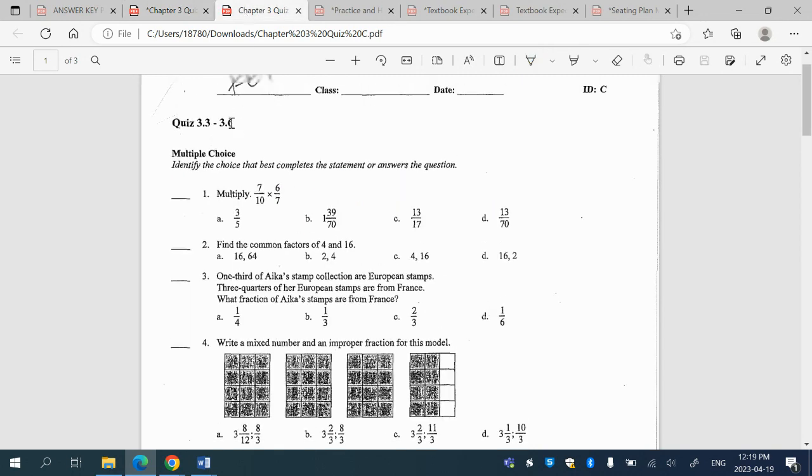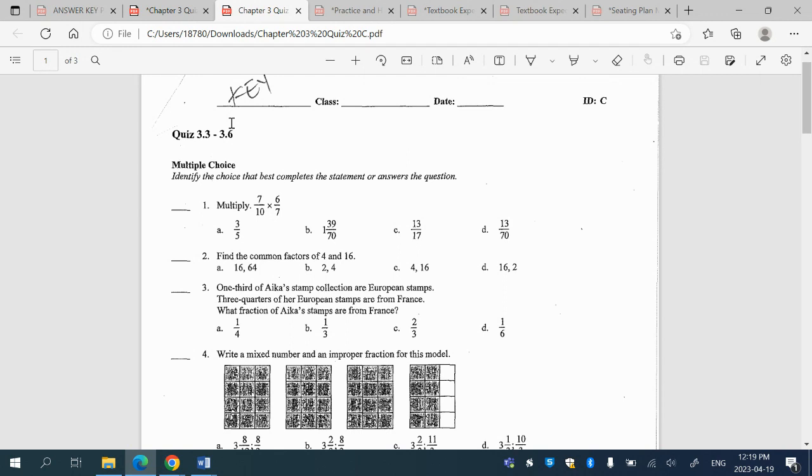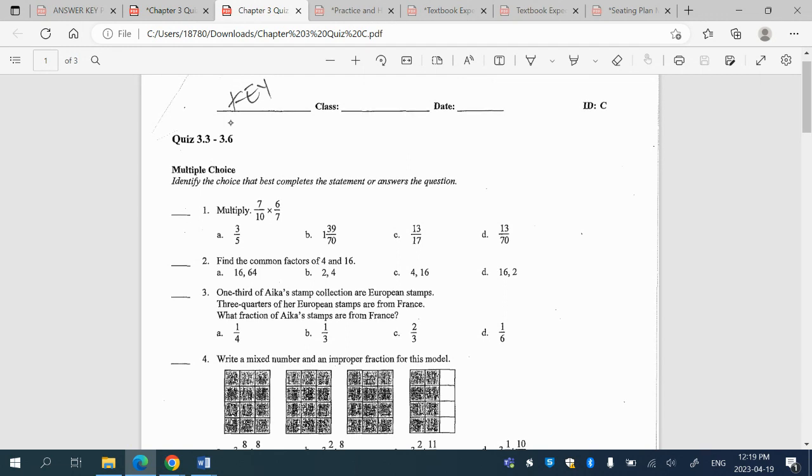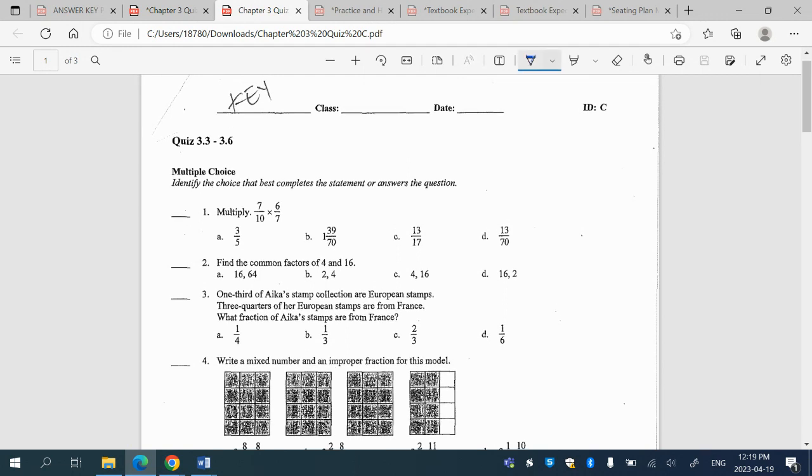Let's do the first one on C. We are going to multiply straight across, but one thing we should always look at when we are going to multiply a fraction is if there's a chance that we can cross reduce. So we're going to look diagonal and see if there is anything that these numbers across from each other have in common.